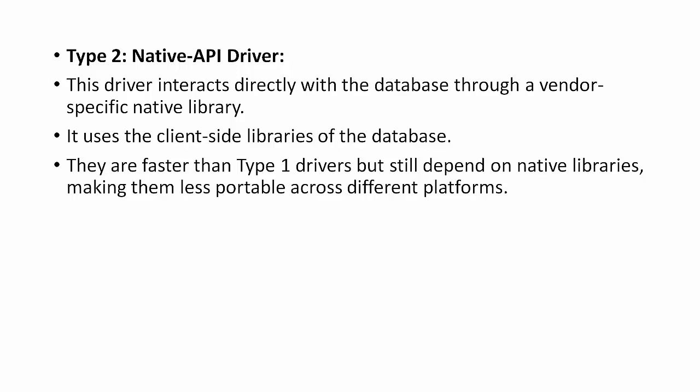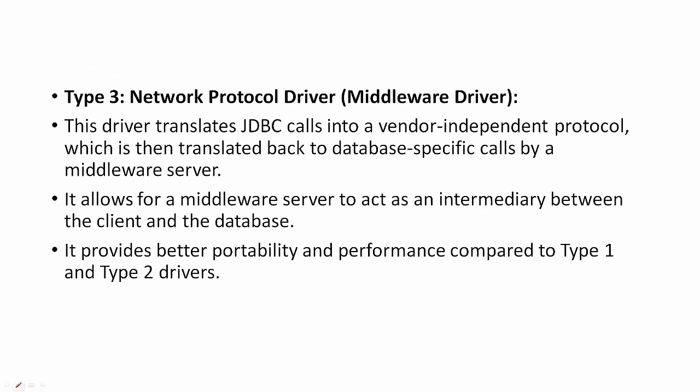Next one, type 3, the network protocol driver, which is a middleware driver. This driver translates JDBC calls into a vendor-independent protocol, which is then translated back to database-specific calls by a middleware server. Here a middleware application will be running, communicating with JDBC and ODBC.